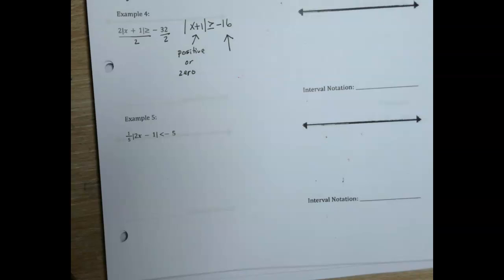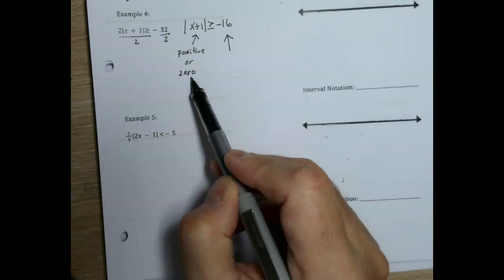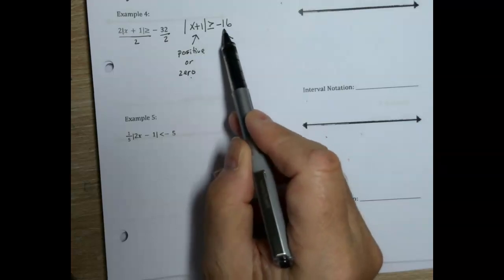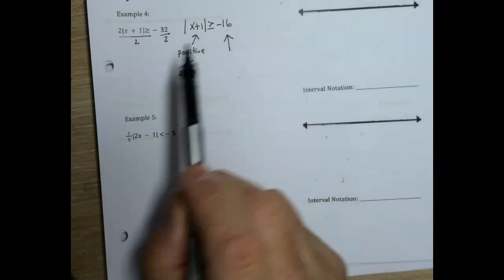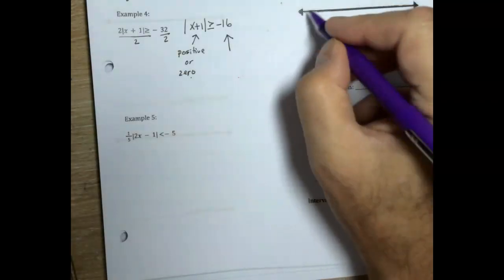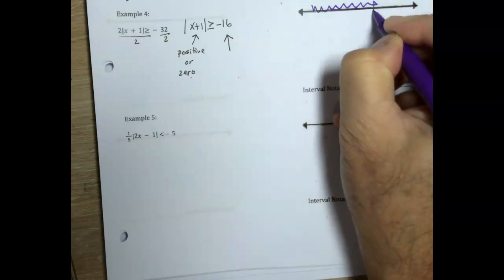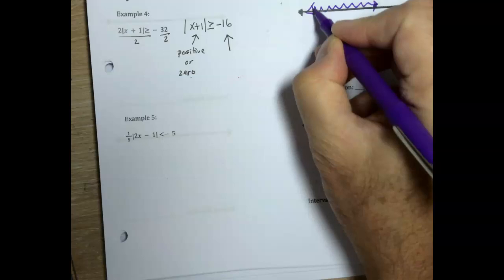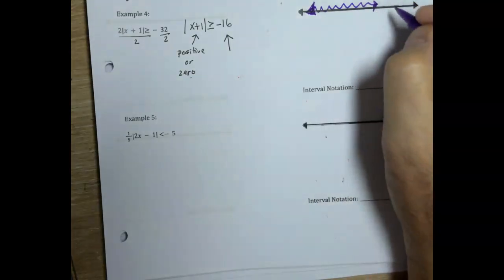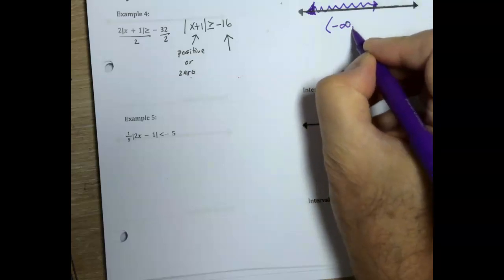So let's think. This absolute value can only be positive or 0. It's always going to be greater than negative 16. So this one here is the negative one. This one here is all real numbers. It's going to be everything in both directions. Okay? So if you write all real numbers here like this.